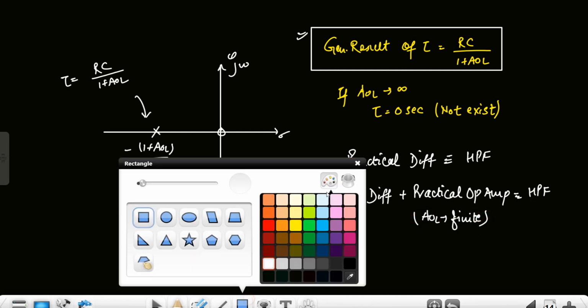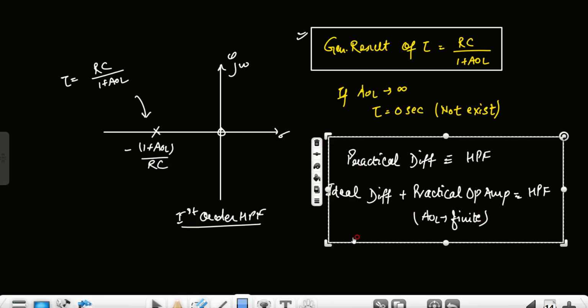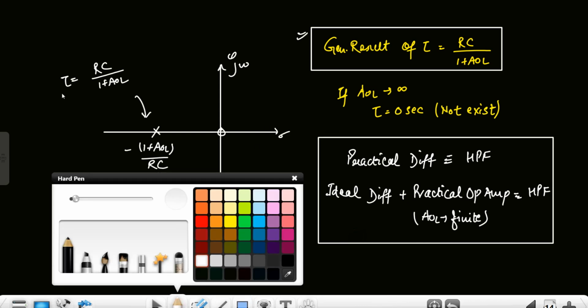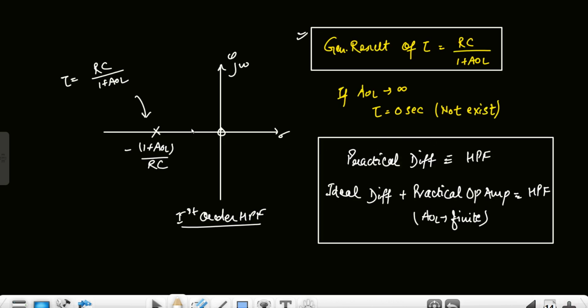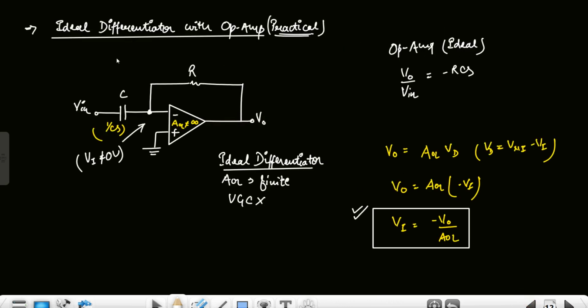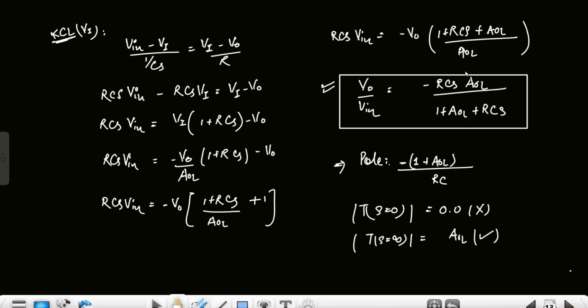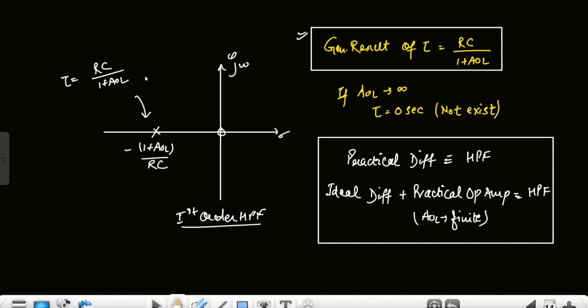This is a good concept, but it is not necessary to remember the result RC upon 1 plus AOL, because there can be confusion: in the ideal integrator with the practical op-amp, the result was RC into 1 plus AOL.